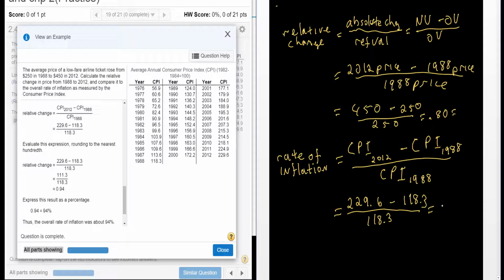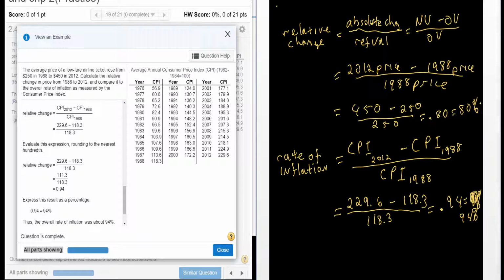This gives me 0.94, which is 94%. And that's 80% up there.